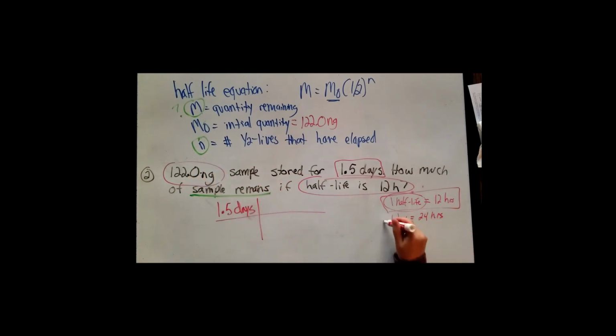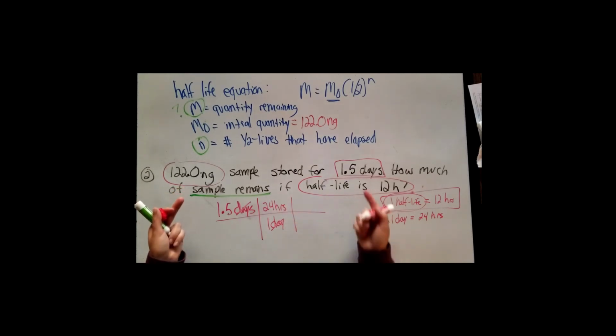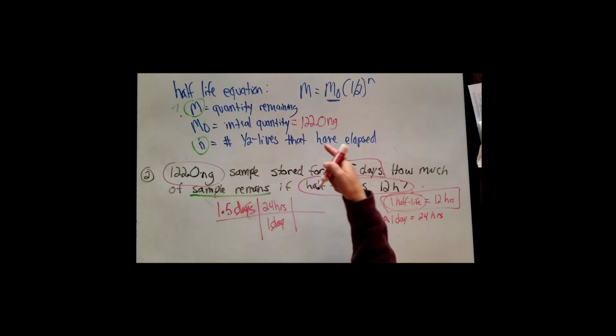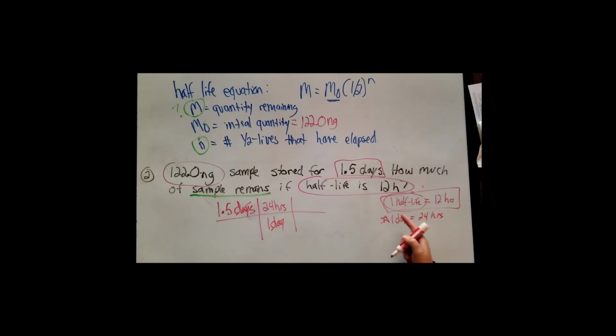So I'm going to start by using this one. I'm going to put the 1 day portion in the denominator, on opposite sides of this horizontal line, canceling out. That's going to put my 24 hours on top. If I stop here, I'll know how many hours that sample was in the cabinet. But I don't want to know just how many hours, I want to know how many half-lives have elapsed. So that's what this second conversion factor is for. This time I'm going to put the hours on the bottom: 12 hours is the time of a half-life, and then the half-life on top.